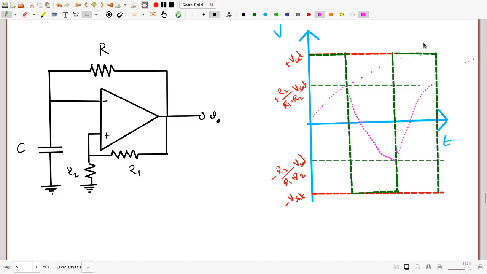So these two cycles are actually equal in length, in time of course, and then this keeps on repeating forever. So what you get is a nice square wave output which switches between plus Vsat and minus Vsat.